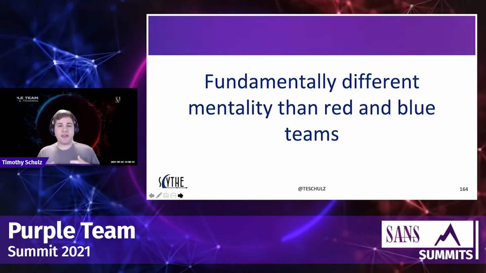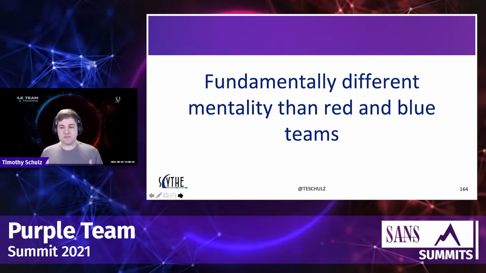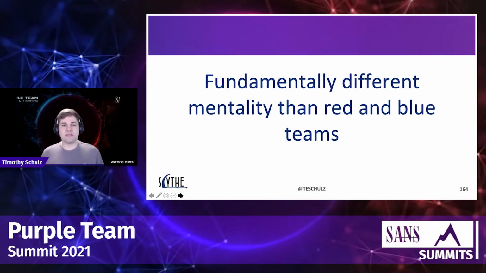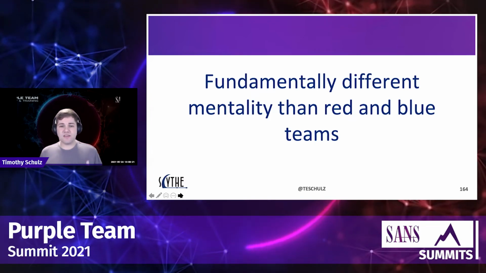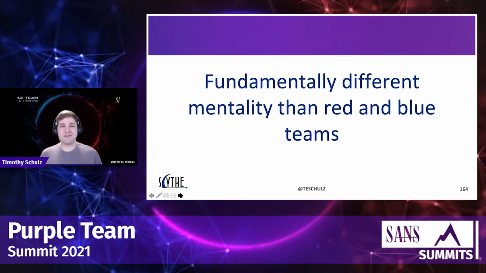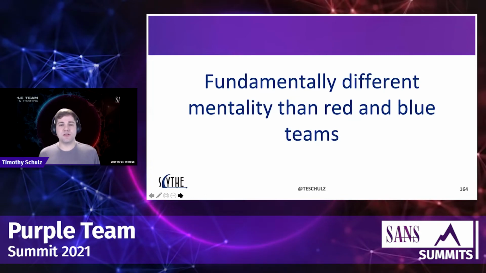And so that's why I would say that purple teams' overall goal has been fundamentally different in mentality than red and blue teams. And that's my answer to the question, why do we need a purple maturity model?